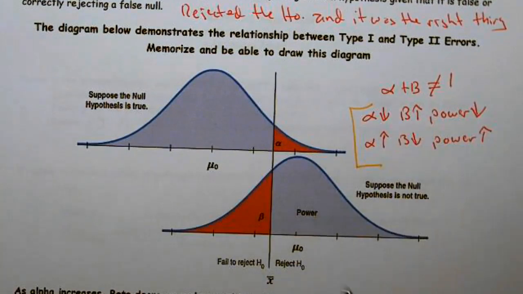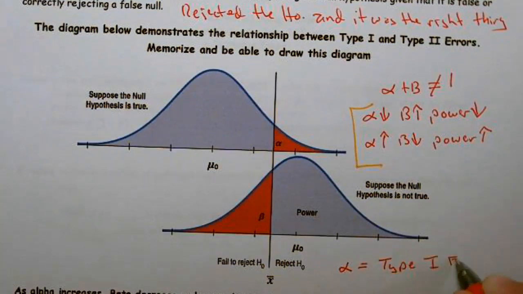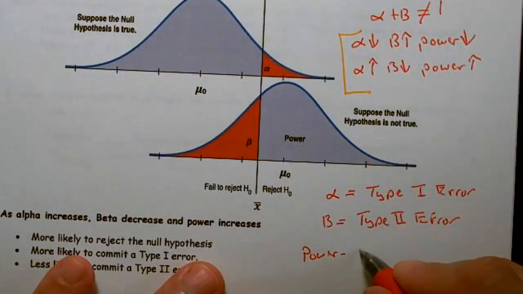Now, please remember, alpha equals the probability of a type 1 error. Beta equals type 2 error. Power, rejecting correctly, right?